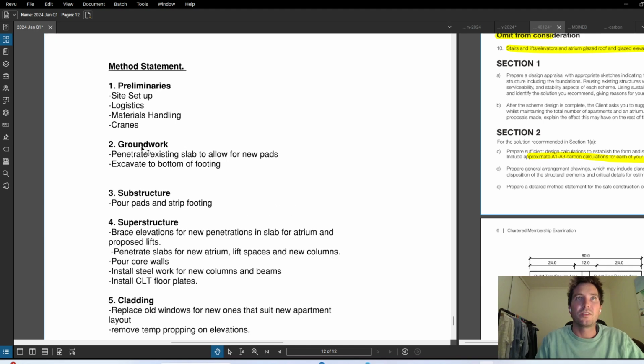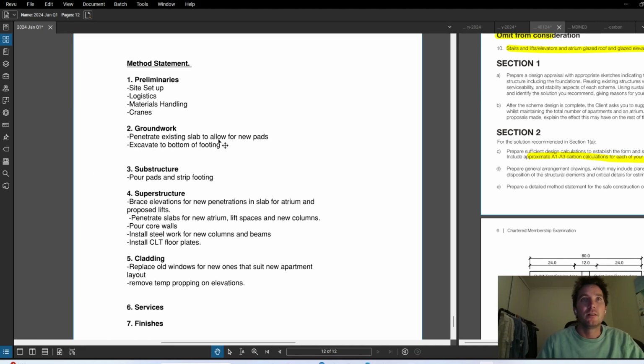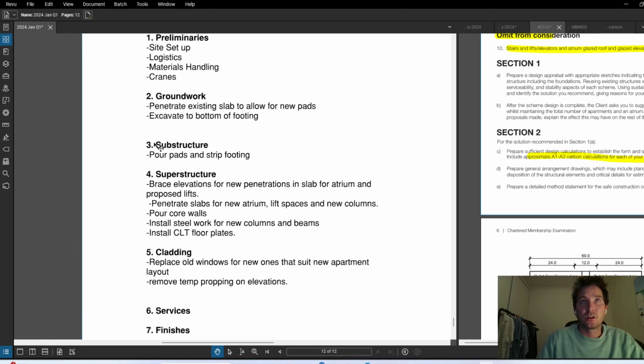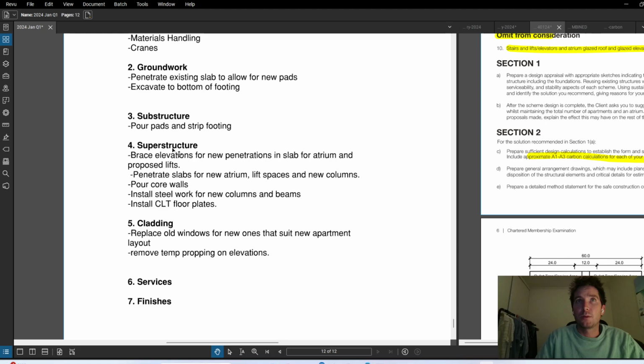So one thing that I obviously have to do before I land any new columns is to excavate and penetrate the existing ground slab and provide some new pad footings there, as well as some strip footings for the new shear walls that I'm putting up. And then after that, I would go talking about the substructure. I would pour those pads and strip footing down for my superstructure.